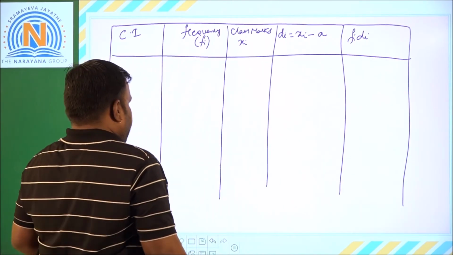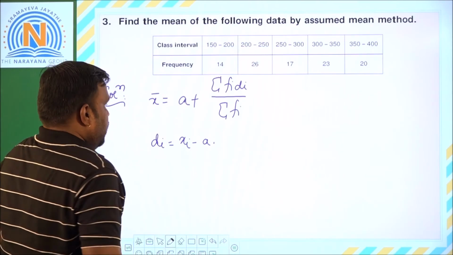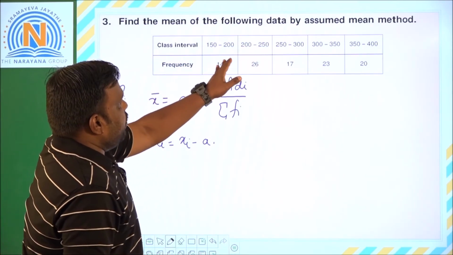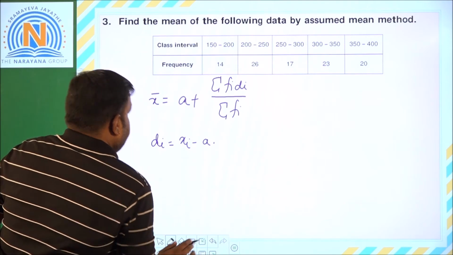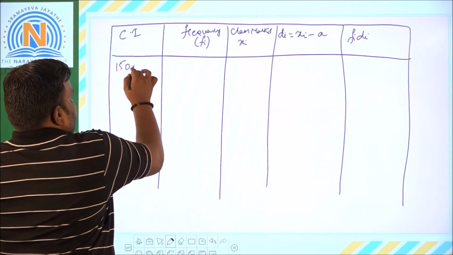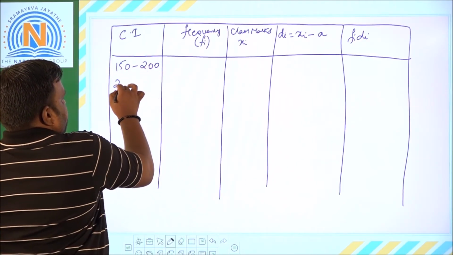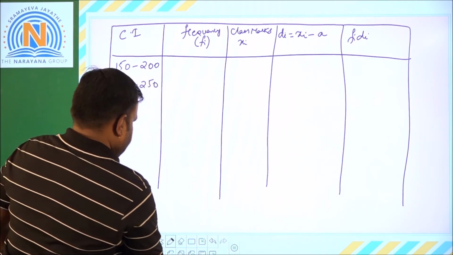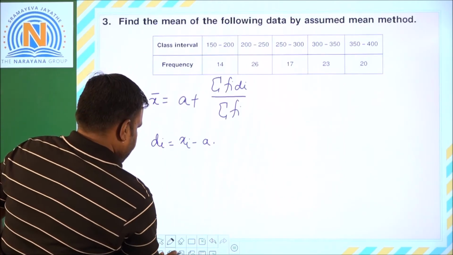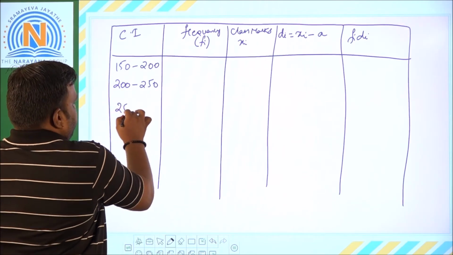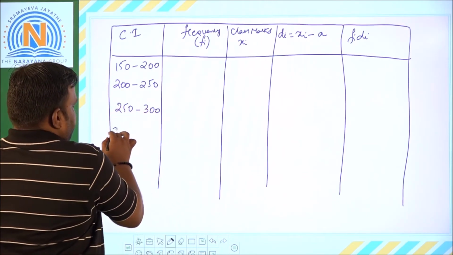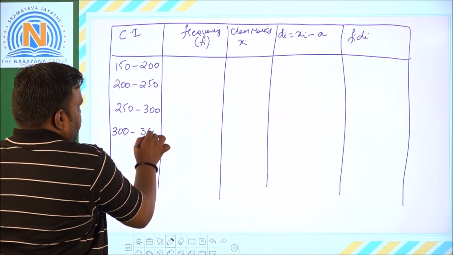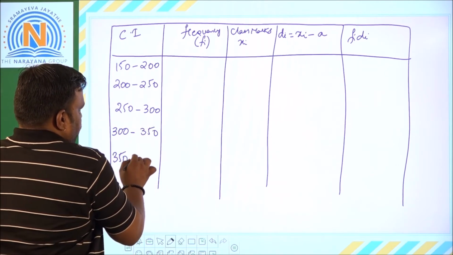So now let us fill up this one correctly. We have 150 to 200, 200 to 250, 250 to 300, 300 to 350, 350 to 400.